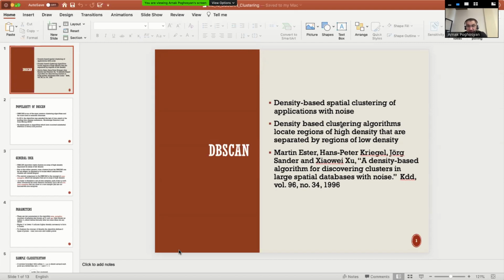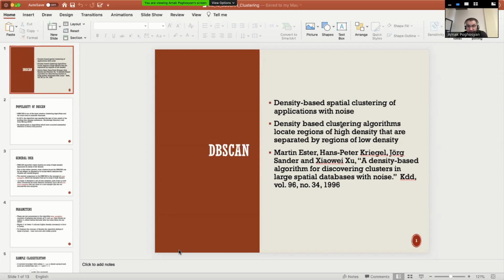These are unlike k-means and hierarchical clustering, because in the case of k-means and hierarchical clustering, we don't have such a notion of density. But in the case of DBSCAN, we are working with some densities of our observations, and there is a very huge family of different algorithms which are somehow working with densities. They are trying to separate high densities from low densities.